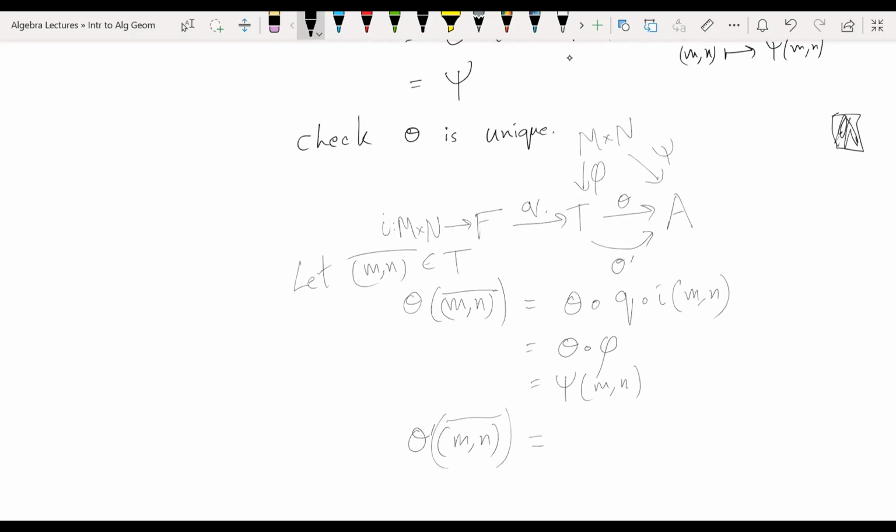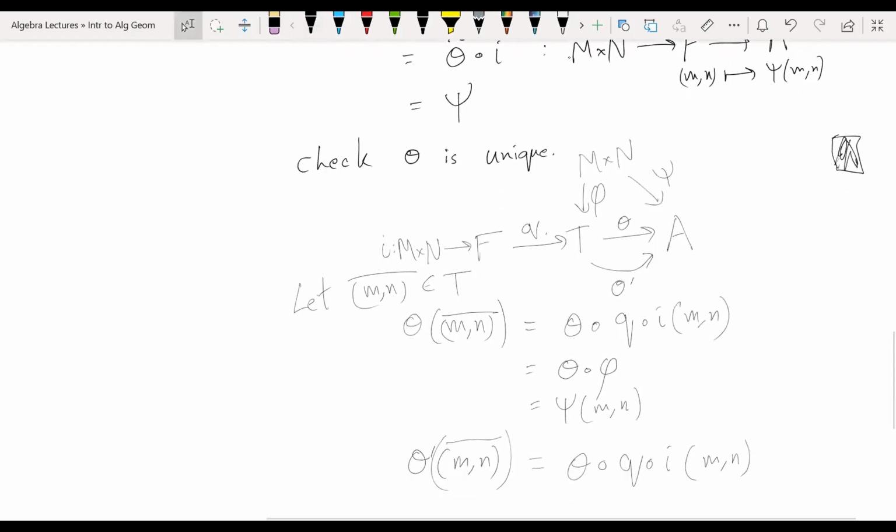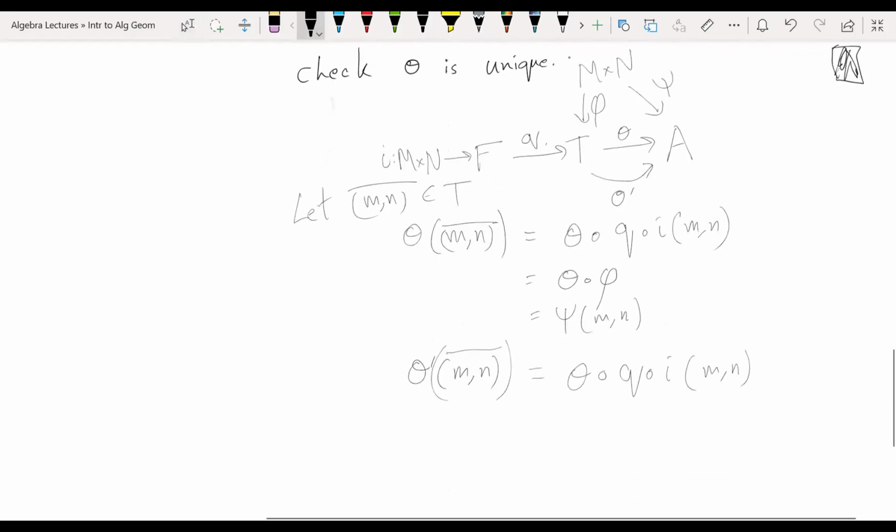Well, m comma n bar is an element of T, and so this is theta prime composed q composed I of m comma n. So I have to use the fact that theta prime composed phi composed theta prime is q.